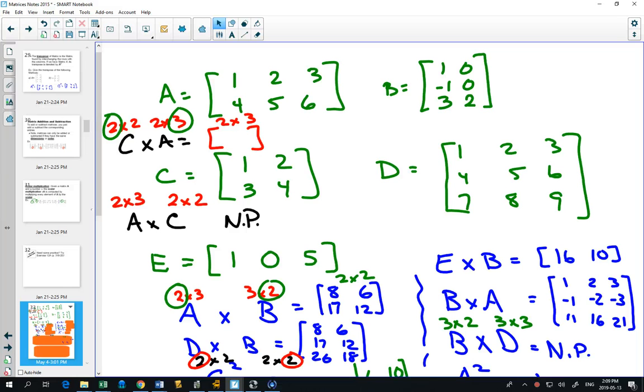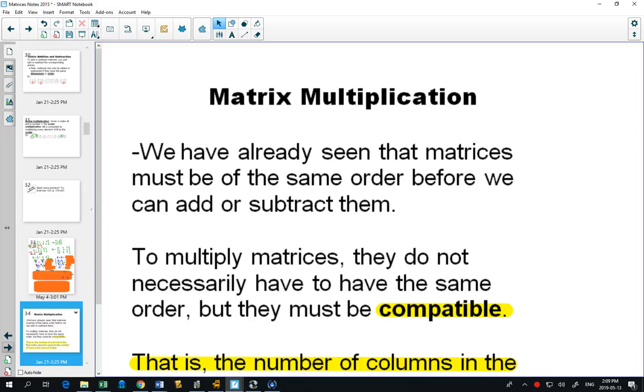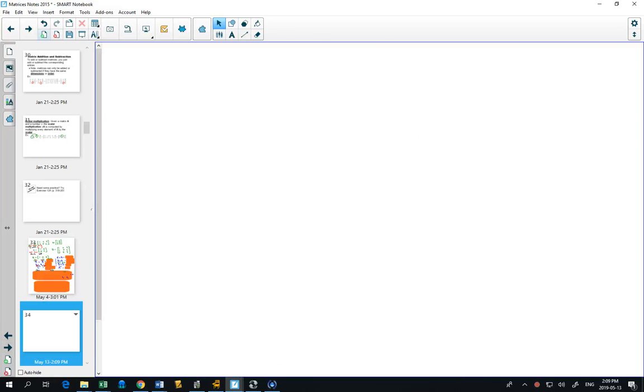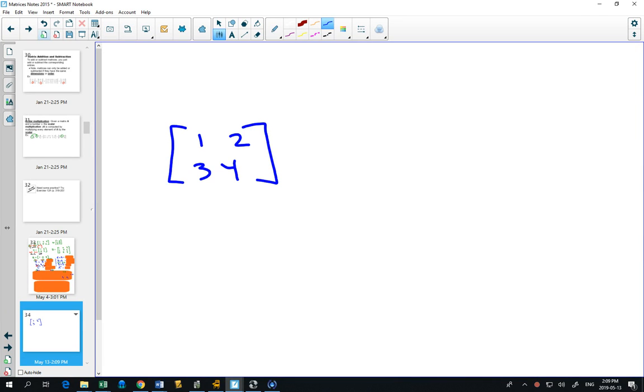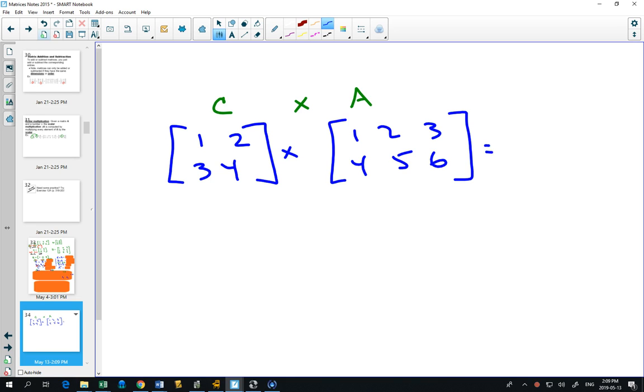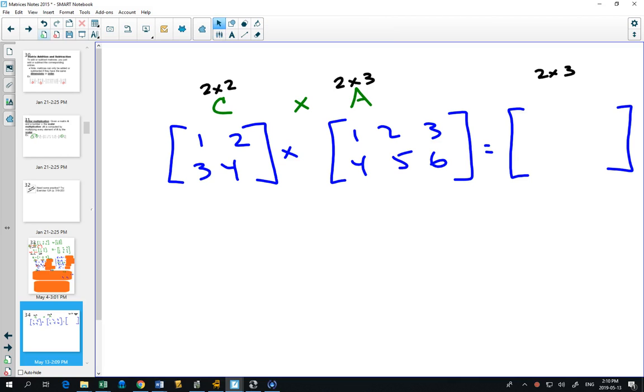I'm going to write C out. This was C times A, and we know that since this one is a 2 by 2 and this one is a 2 by 3, our answer, which works, is a 2 by 3.